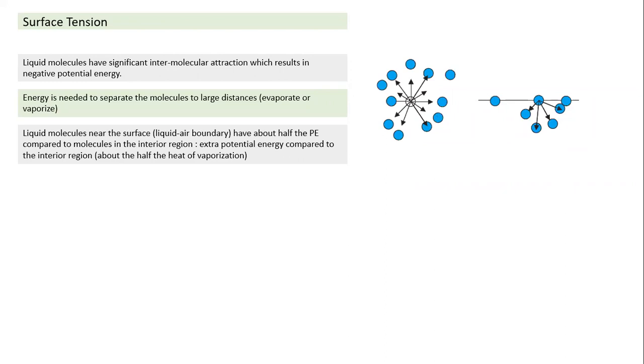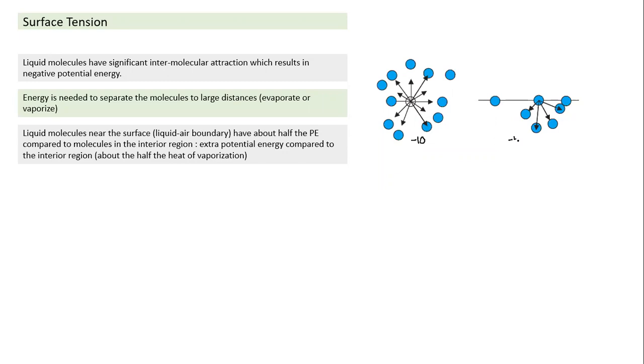If I compare the molecules which are present here, compared to molecules which are present in the interior region, it has only half as many molecules around it. And hence its potential energy also will be because of half of them. So if a molecule in the interior has potential energy of minus 10 units, this will have only half of it.